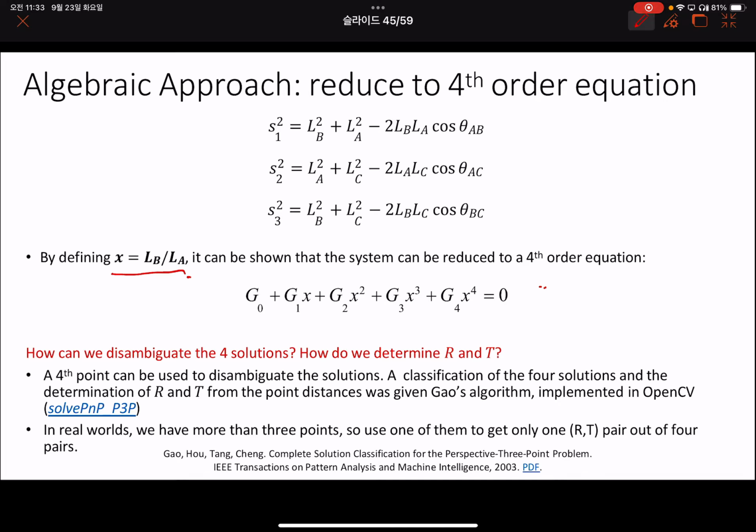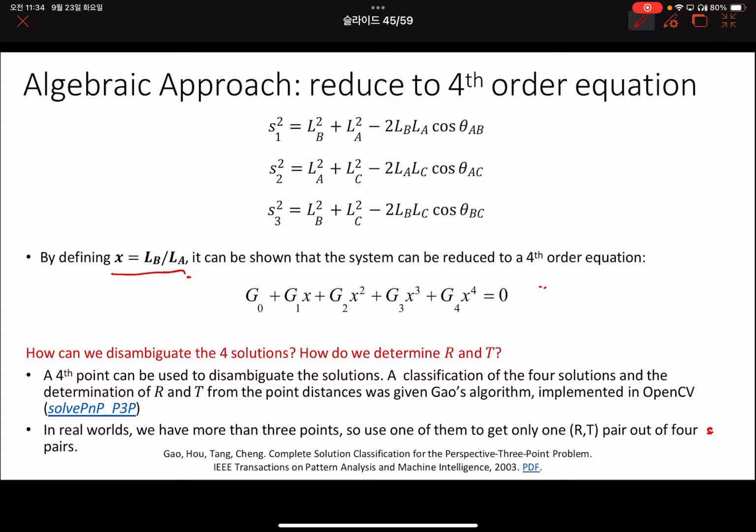That is our goal. So what people typically do is introduce an additional point, a 4th point, because in the real world we have more than 3 points. We have many points. So we use additional points to validate.